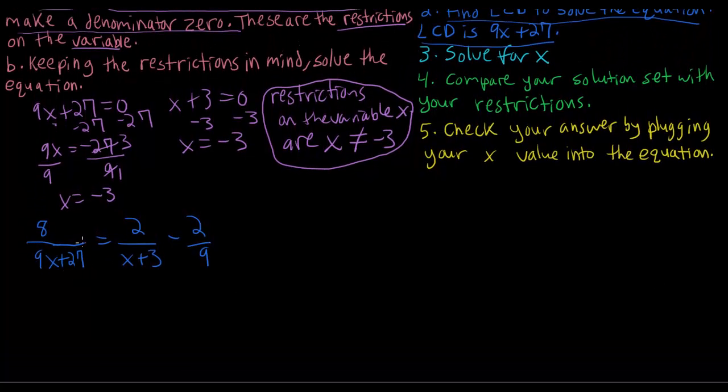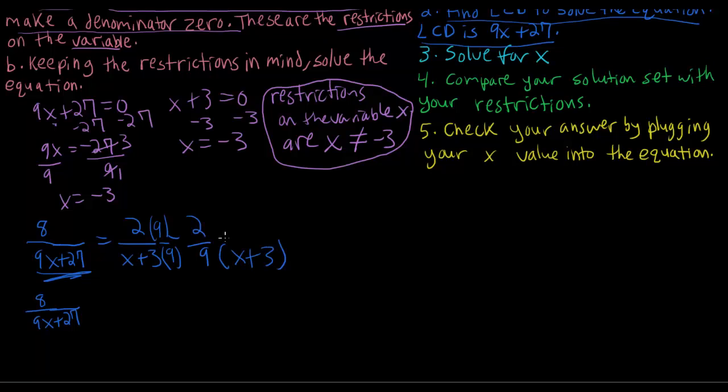So the LCD for these 3 terms is 9x plus 27. So we have 9x plus 27, and to get 9x plus 27 here, you have to multiply the top and the bottom by 9. And then here, you have to multiply the top and the bottom by x plus 3.